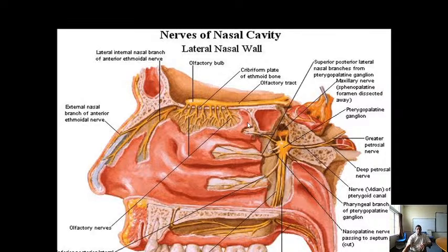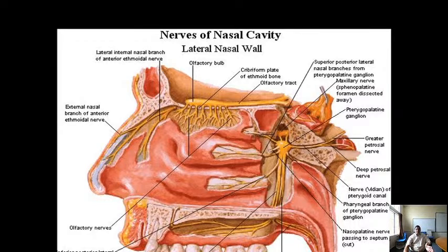So, with this brief anatomy, recapitulating the anatomy and the linings, the blood supply, and the various nerves, we go to the functions of the nasal cavity.